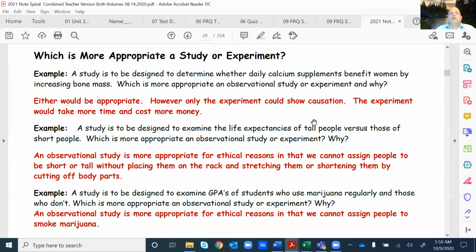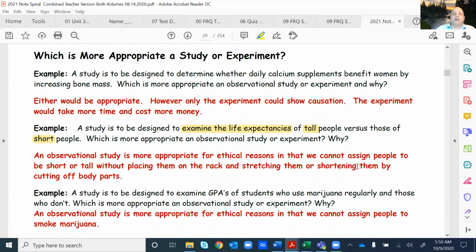My explanatory variable is height, and my treatments are tall and short. Well, remember, I have to assign treatments in an experiment, and I can't very well make you tall, and I can't very well make you short. I mean, I could, but that would be really unethical. So consequently, an experiment would not be appropriate.